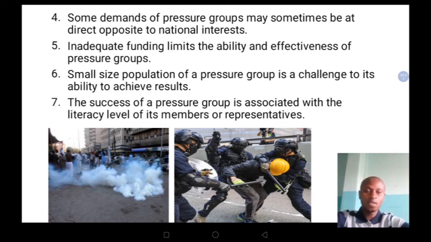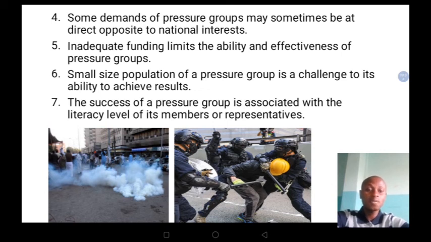If workers are asking for an increase in pay and they want 100% increase, and they are not considering if government will be able to pay, and government may be battling with inflation, too much money in circulation, and workers are asking for an increase. So you can see it's in direct opposition to the national interest.